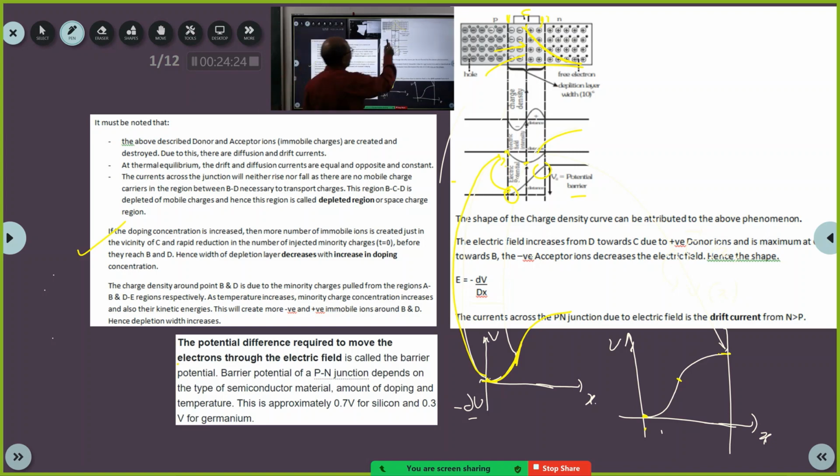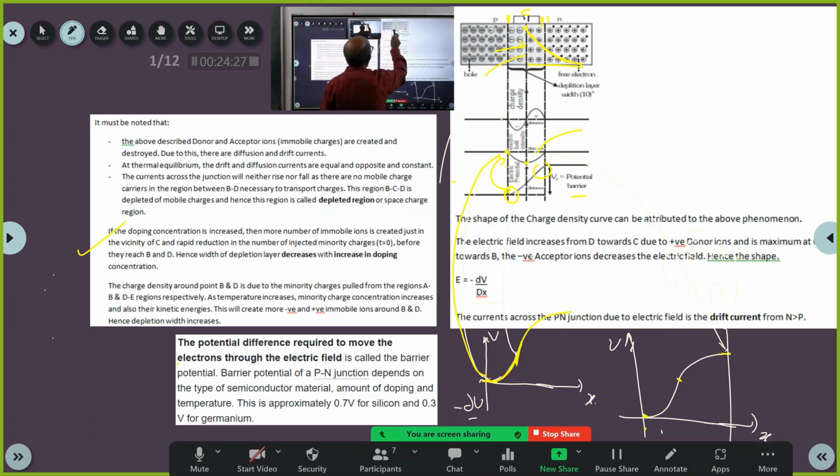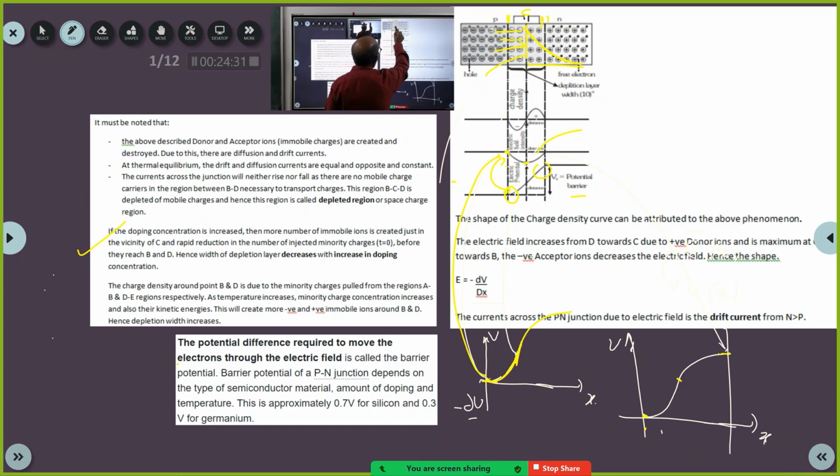Why? See, you are not following here. Initially 1000 holes came to this line. I told you that example. As they tried to percolate inside, they started getting consumed by the free electrons on that side, isn't it?